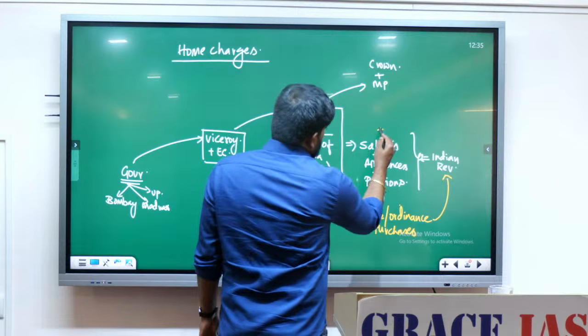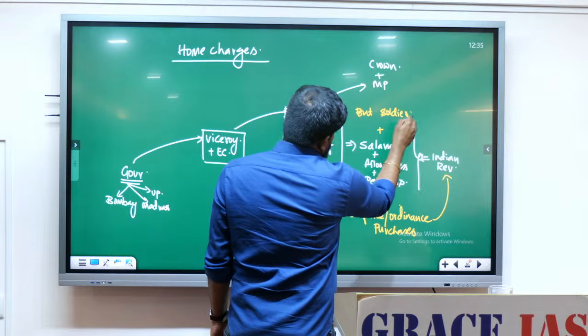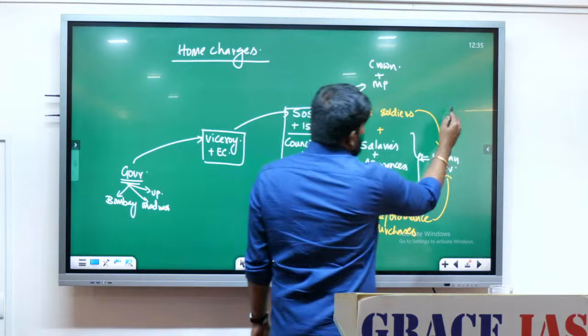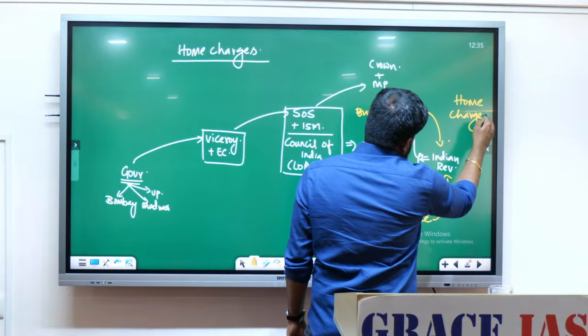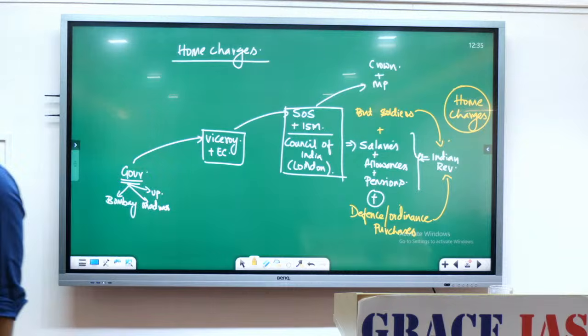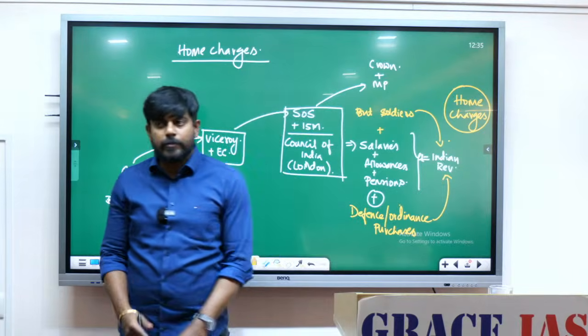Not only this, even the British soldiers in India were paid using Indian revenue. And all these things together are called home charges. For their home expenditure or house expenditure, they used to charge us. So, it was called home charges.